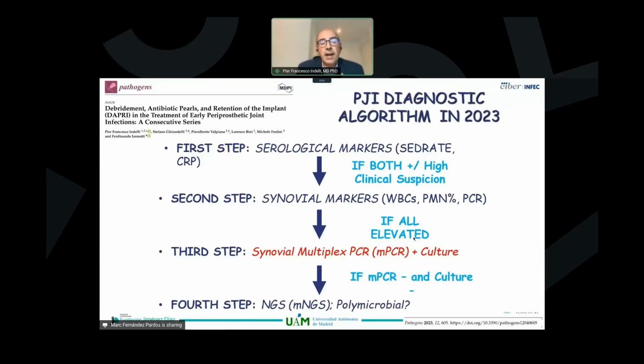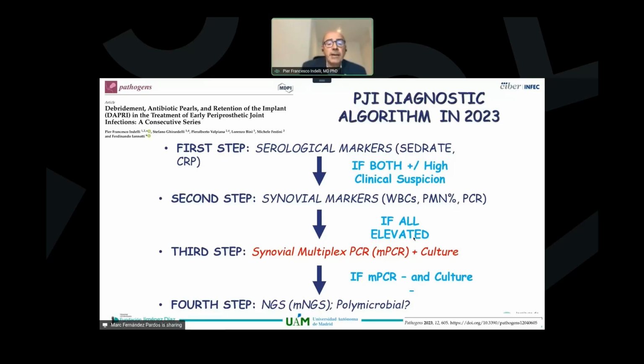And this is the algorithm that we use in our emergency department. First step, serological markers. Second step, synovial markers. And if these are elevated, we move towards molecular diagnostics. We started with the multiplex PCR and culture.